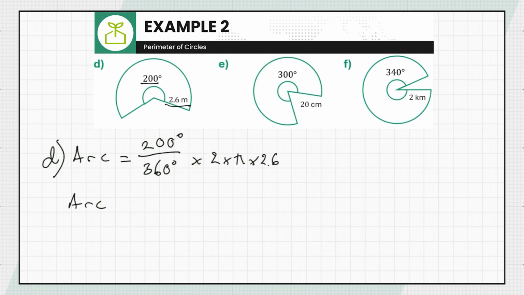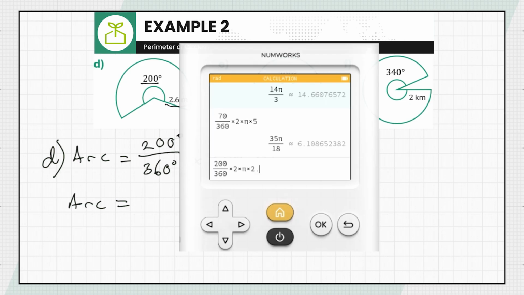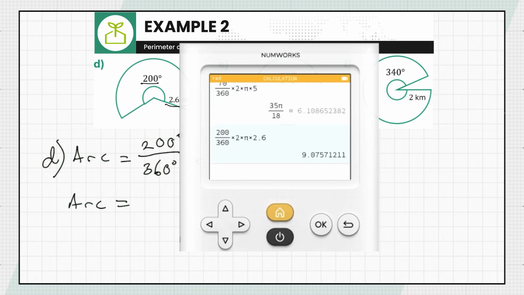Now we have everything we need to solve, so we just put it into our calculator. And the result is 9.075. Because the third digit is a 5, we round up, so it'll be 9.08.